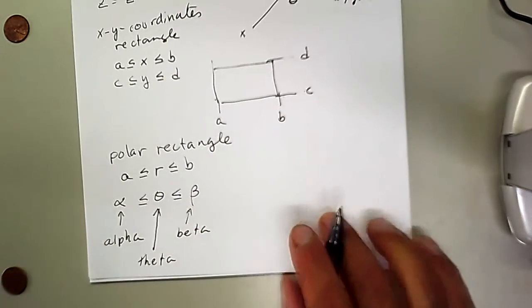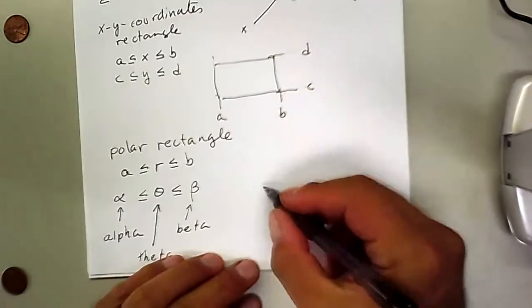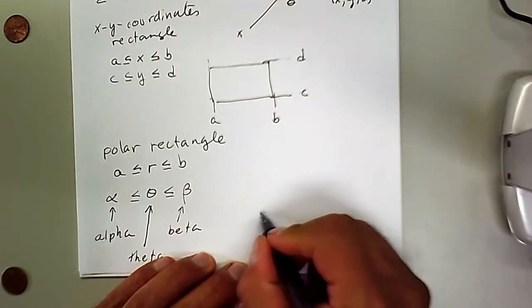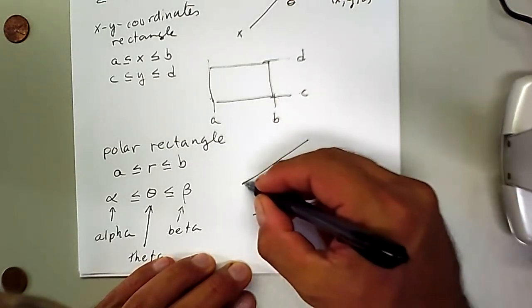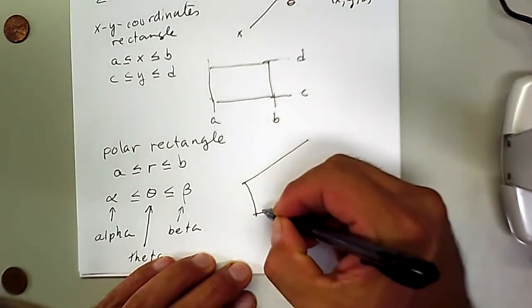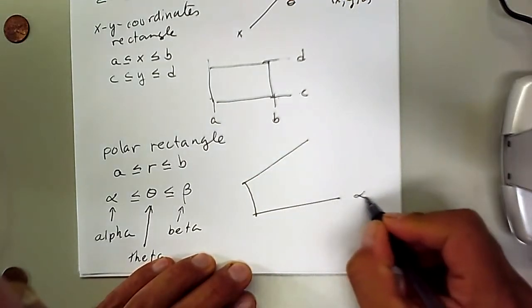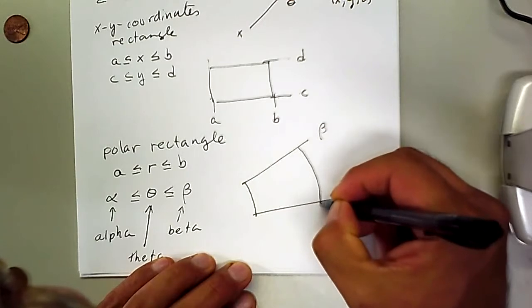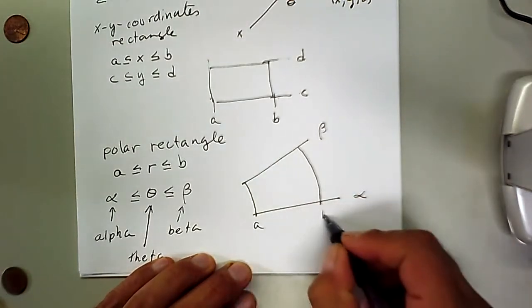So this is a polar rectangle, in quotation marks. It looks rather like that. We have an angle, so this would be angle alpha, angle beta, and we have two radii, a and b.